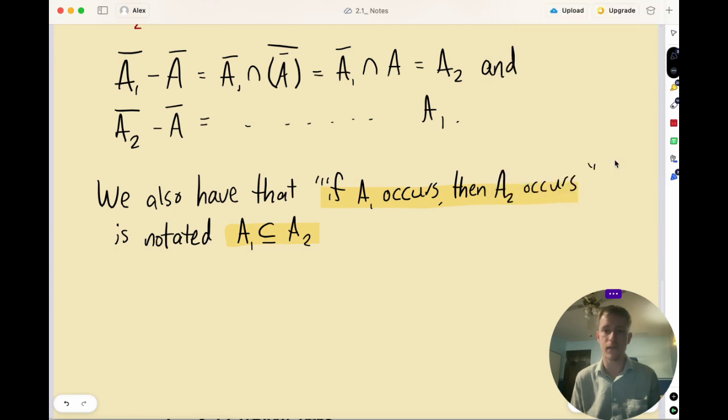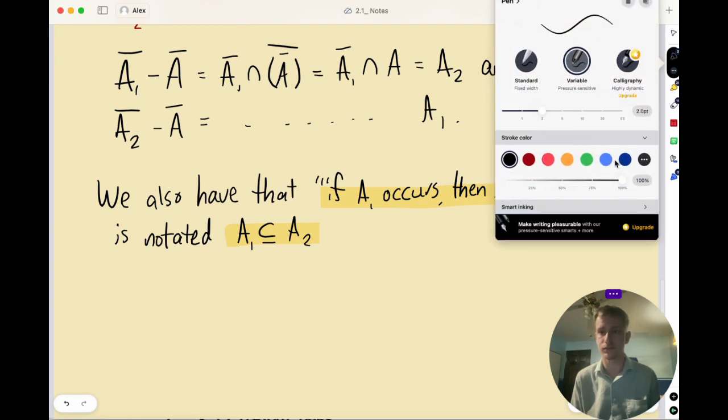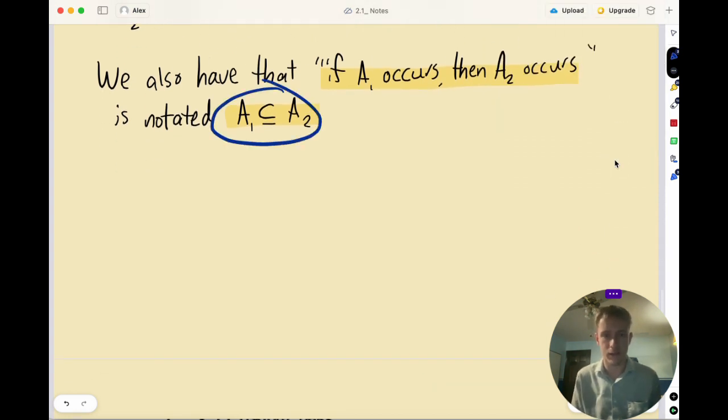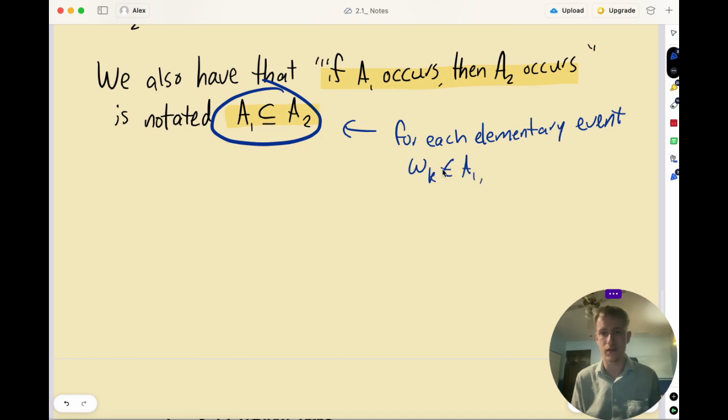Okay, so we'll just kind of go off for a second. So this means, I guess, more in depth, this means for each elementary event, maybe omega sub k, that is in A1, we must have that omega sub k is also in A2.